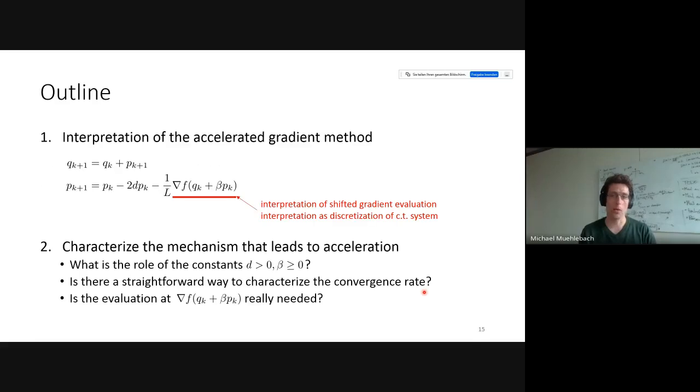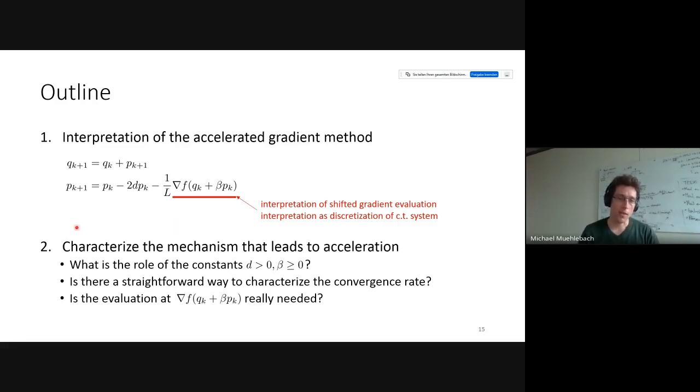And so what I would like to do in the following, I would like to present you first some interpretation of this method, essentially come up with a physical model that explains why this algorithm is something useful, or so providing intuition for why this algorithm works well.